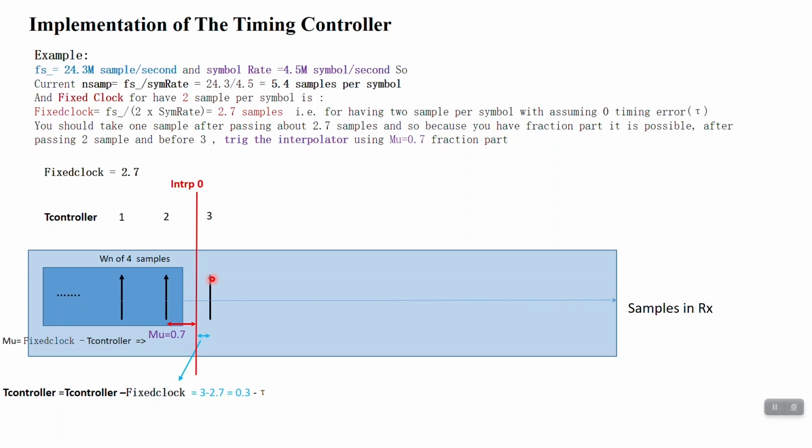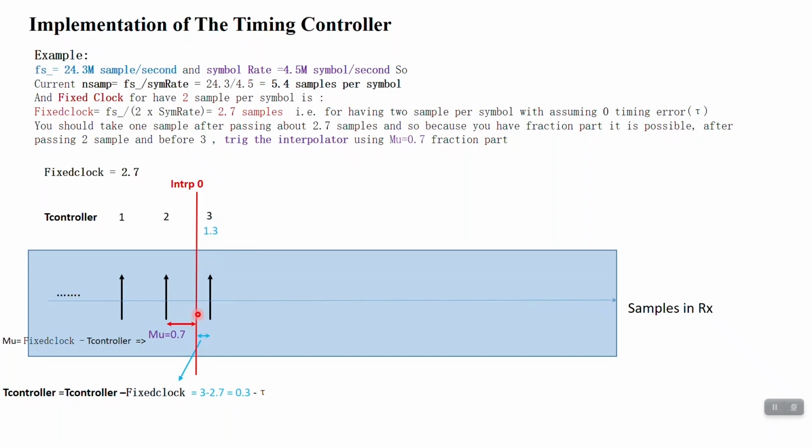So the T controller of the first sample changes to 1.3, because the initial T controller after this moment is 0.3, and by the coming of the first sample after this moment, it's corrected to 1.3.